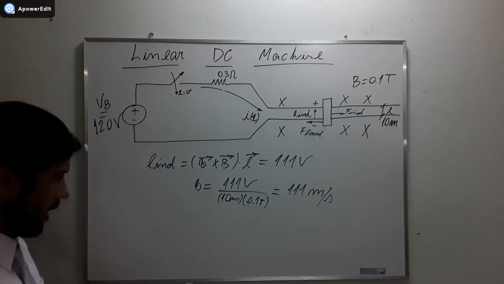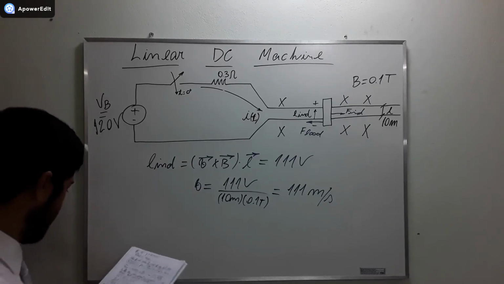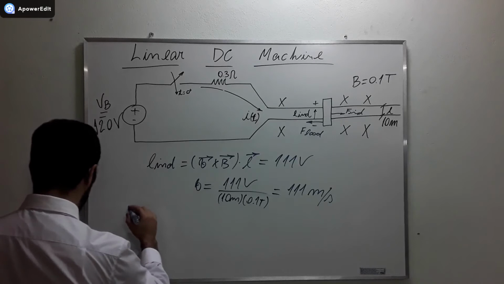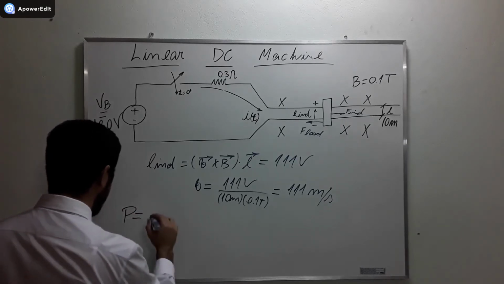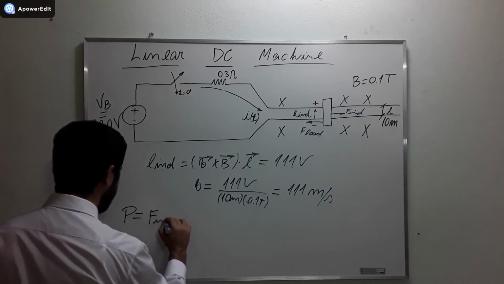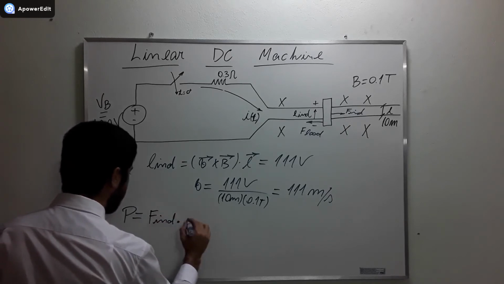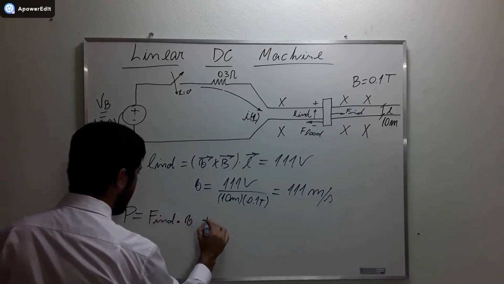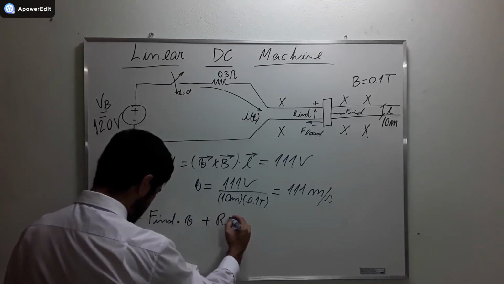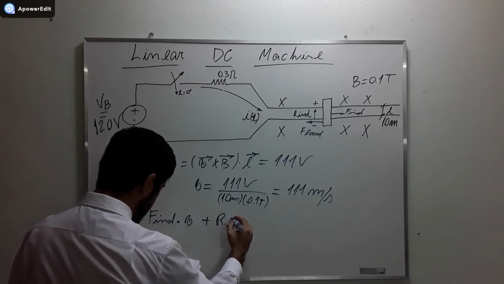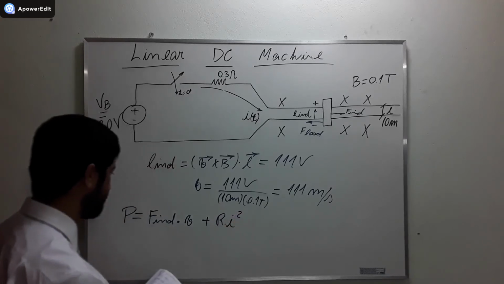Okay? And the consumed power is going to be P. The consumed power is going to be equal to force times velocity plus resistance times current squared.